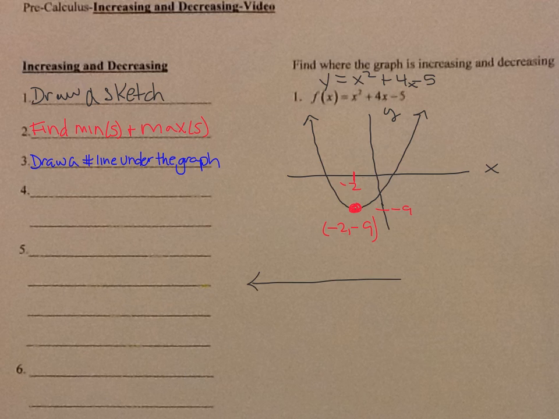Okay, so I draw my number line under the graph, and now you're going to plot the x values of your mins and maxes. All right, so step 4, plot the x values of your mins and maxes.